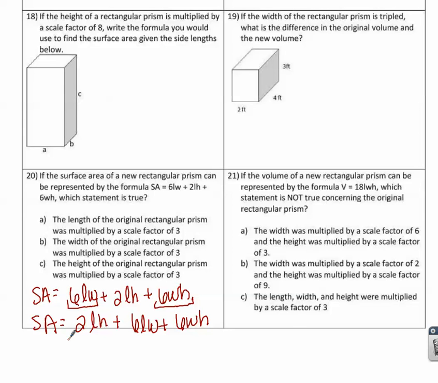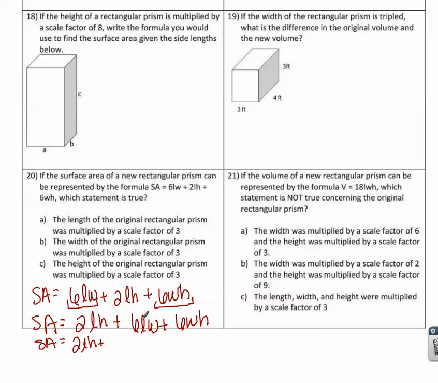Now we're going to use the distributive property, and they're actually common terms, and we're going to take out what both of these have in common, but make sure you remember that the original problem has a 2 length width, 2 length height, and a 2 width height.